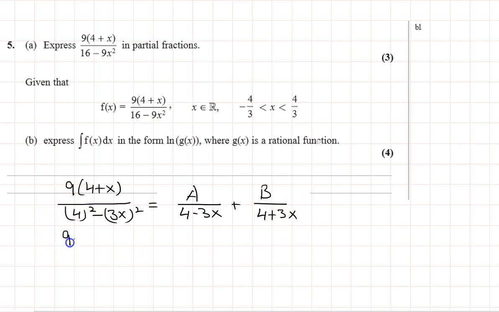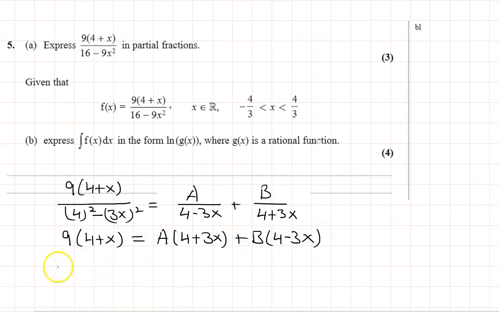This equation can be written as 9(4 plus x) is equal to a(4 plus 3x) plus b(4 minus 3x).